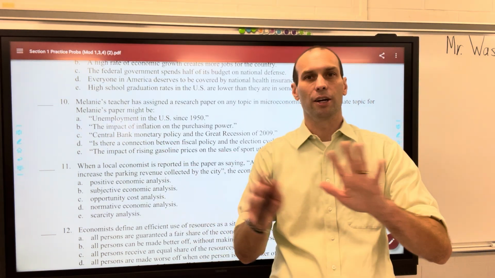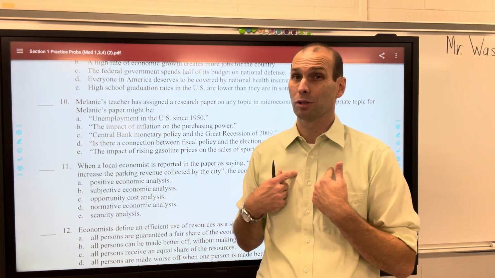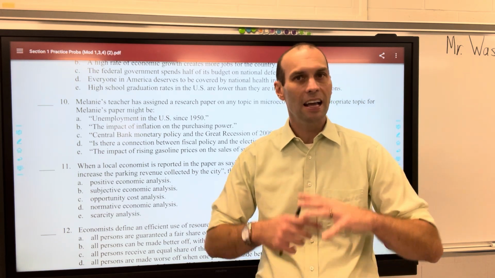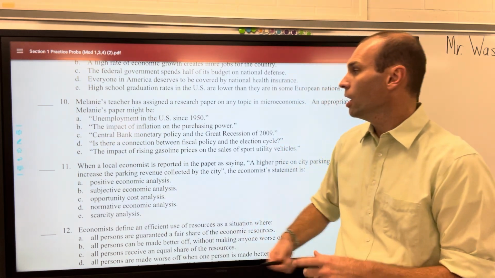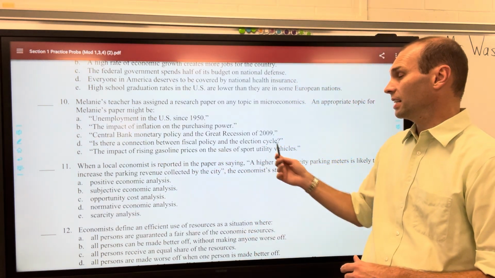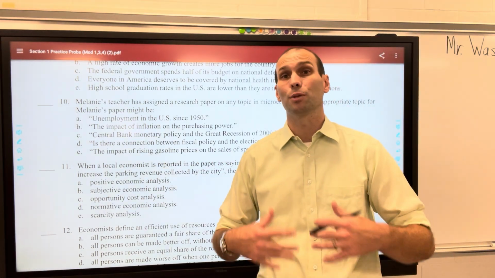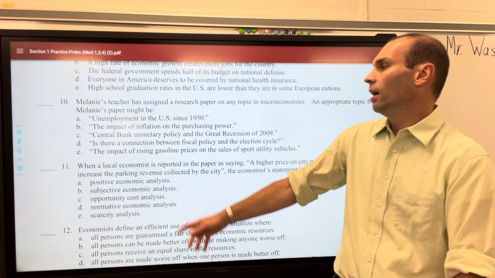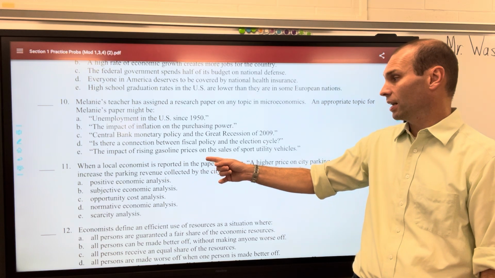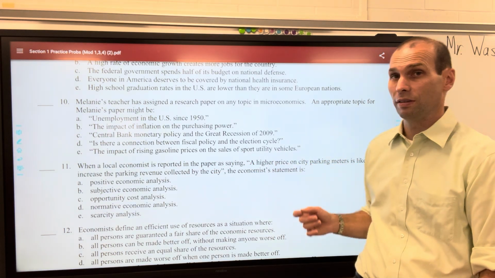Central bank, monetary policy. Our central bank in the US is called the Federal Reserve. That is an economy as a whole type thing, macro. There's a connection between fiscal policy and the election cycle. Fiscal policy is spending by the government to influence the entire economy, macro. The impact of rising gasoline prices on the sales of sport utility vehicles.